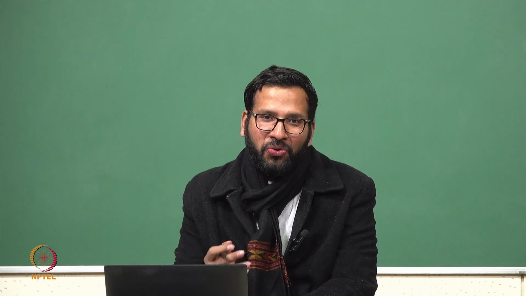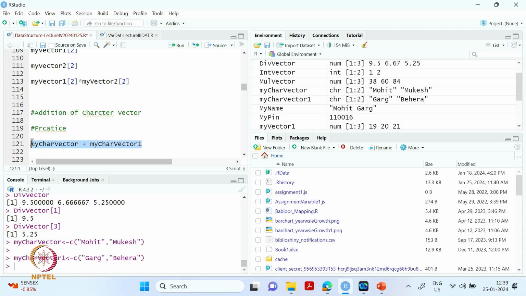Now if you do the arithmetic operations on these vectors, what will be the output? So you do the practice and let us know what response you get when you run this particular command. You let us know through the discussion forum. So this is all about a vector.